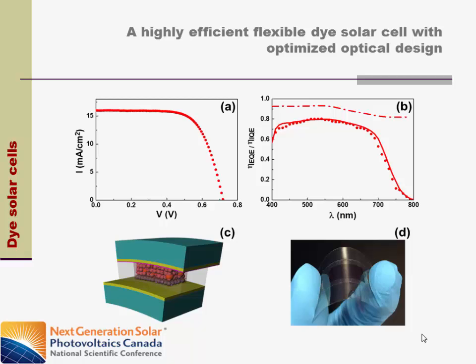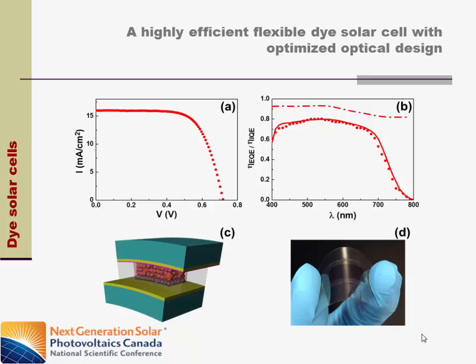With all this analysis, we started a collaboration with a group in Korea, who is an expert in flexible dye solar cells, and we have been designing the optics of the cell so we can get a very high efficiency on plastic substrates.